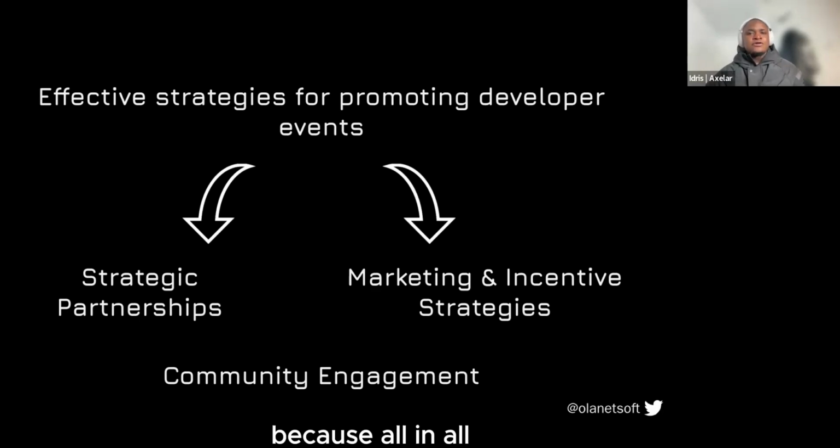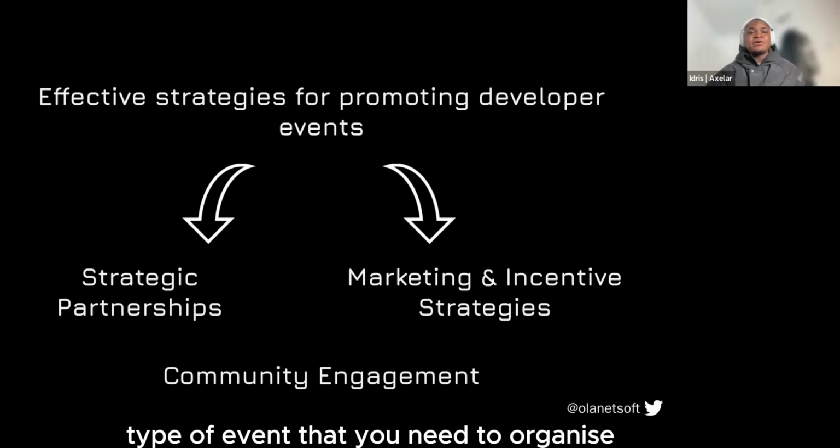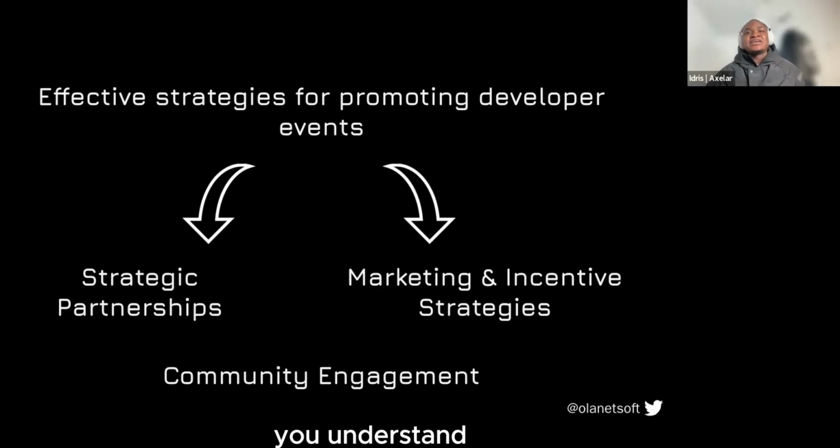Because all in all, the goal is that when you are able to engage with developers, you understand the type of event that you need to organize. And then when you organize that event, you understand what people are really looking out for.